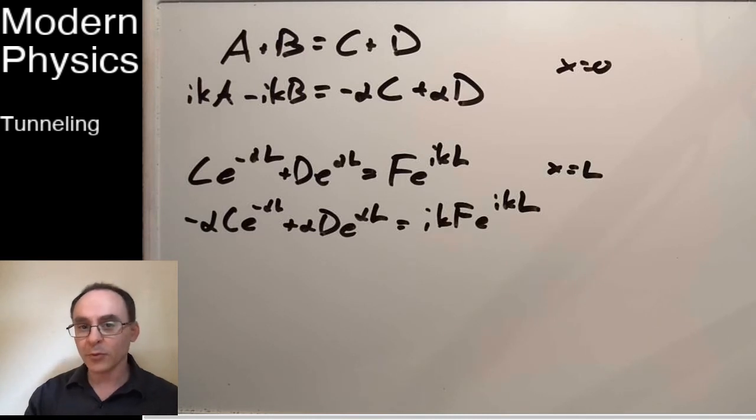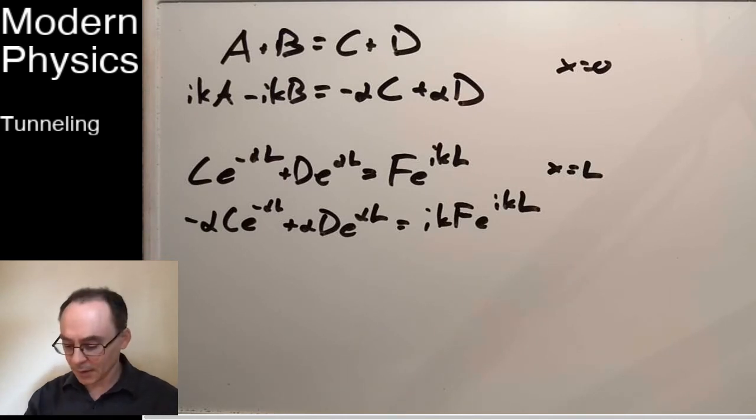In this particular problem, we're not going to be very concerned with how much gets reflected or even what's happening in the middle of the barrier. So we don't really care about B too much, and if we need to find it, we can always look at the ratio of the transmitted. And we definitely don't care about capital C or D. What we really want to find out is capital F and how it relates to A, because that's going to be the transmitted amplitude. If we want to figure out how much is actually getting through, that's what we need to find out.